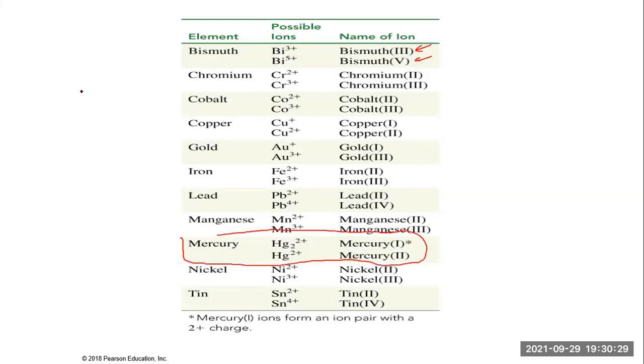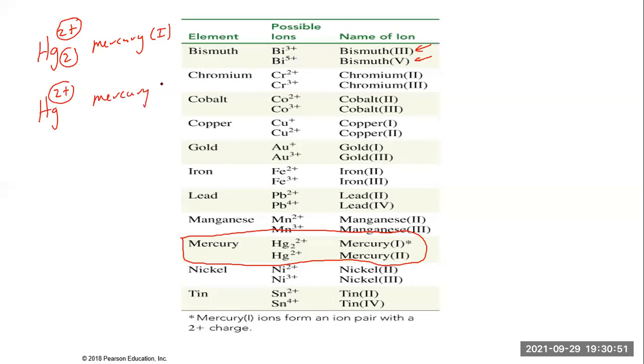And oddly, when you look at mercury with his Hg2 2+ versus Hg 2+, the one that actually has all the 2s is actually mercury 1, while the guy that has just the one 2 is the mercury 2 ion.